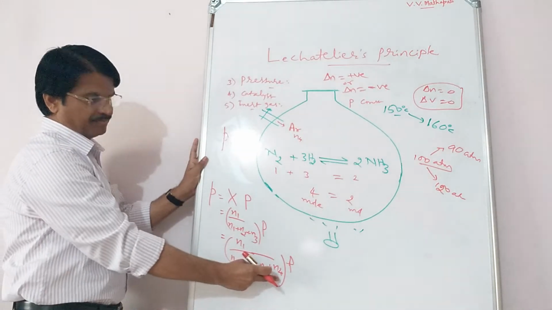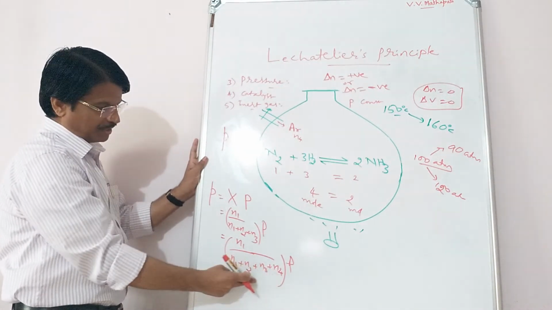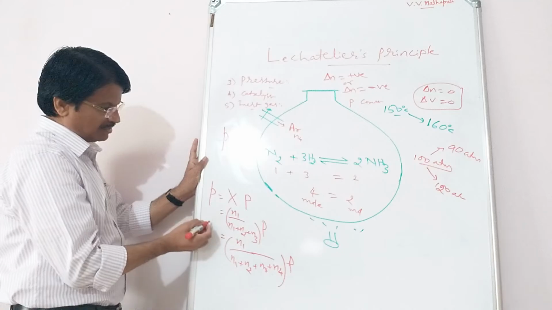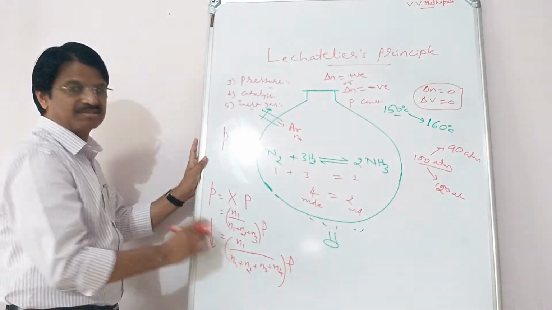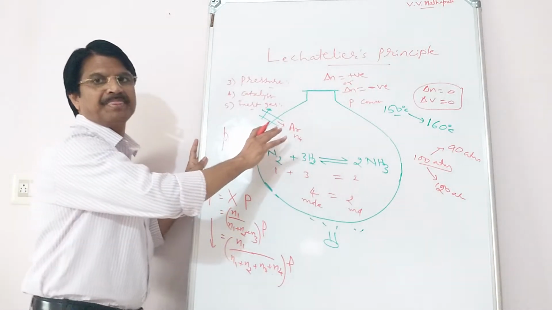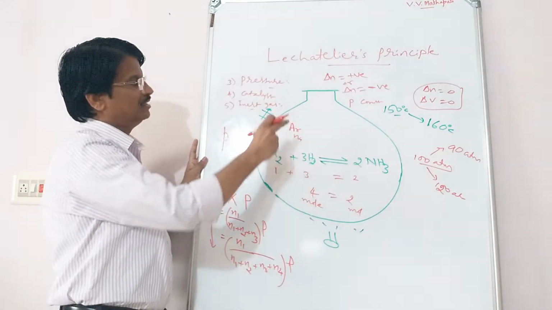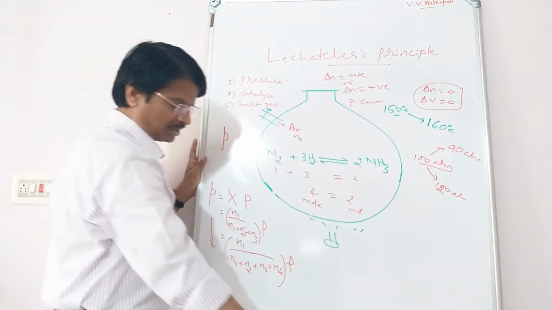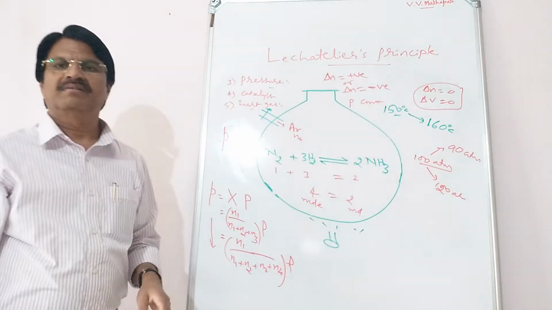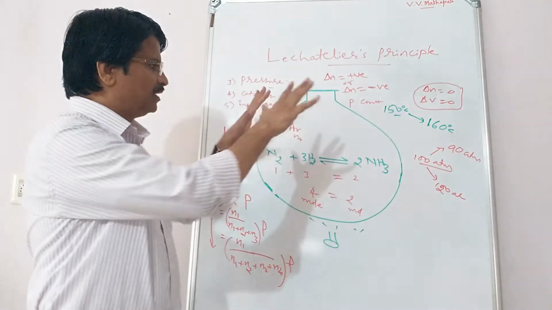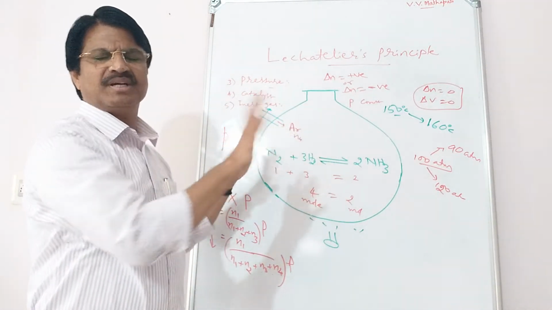Now see here, the denominator value increases, therefore the partial pressure value decreases. It means indirectly we are decreasing the pressure by adding argon or noble gas. This is very important: when inert gas is added to the system, pressure decreases.